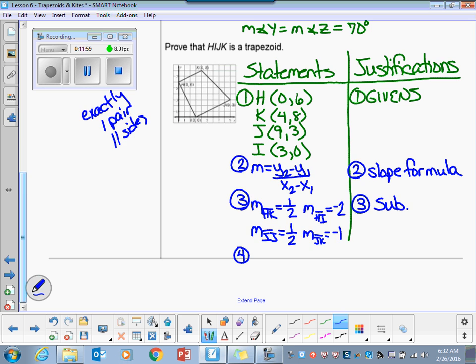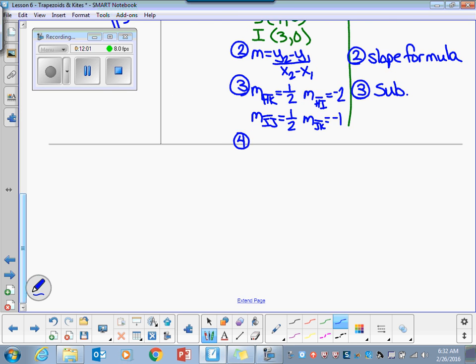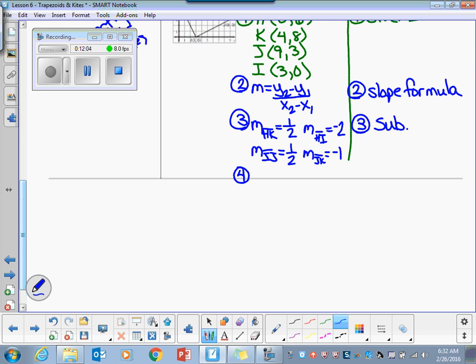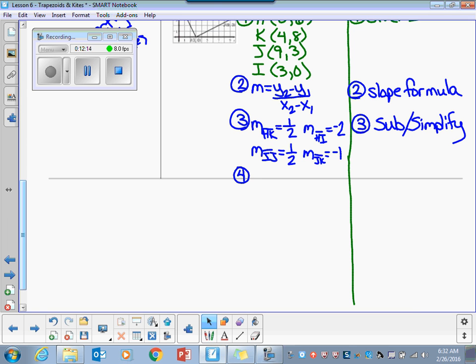Okay, in order to have parallel sides, I have to have congruent slopes. So let's see here. The slope of HK equals the slope of IJ.